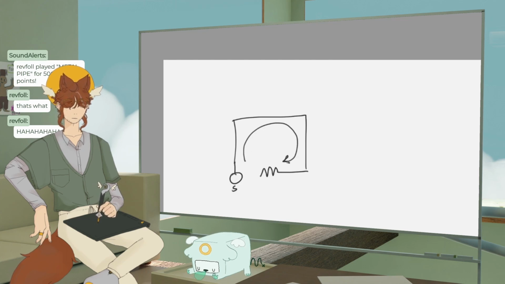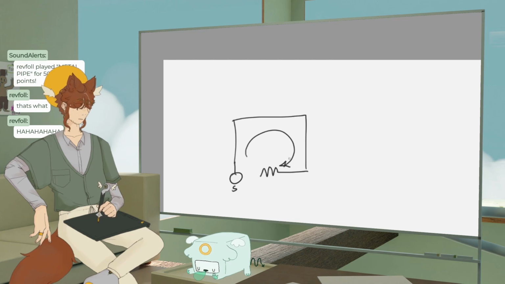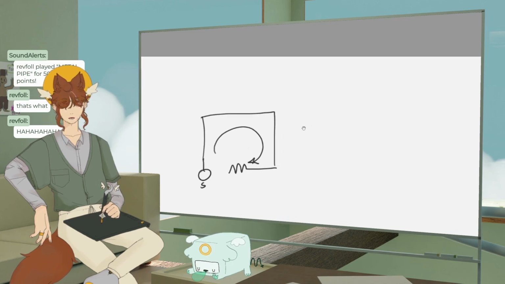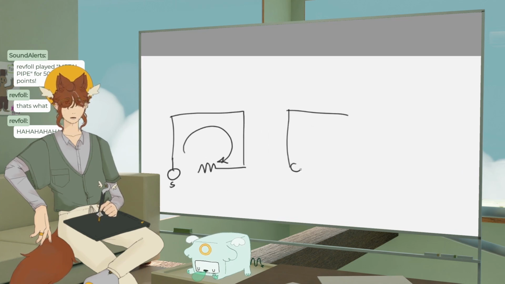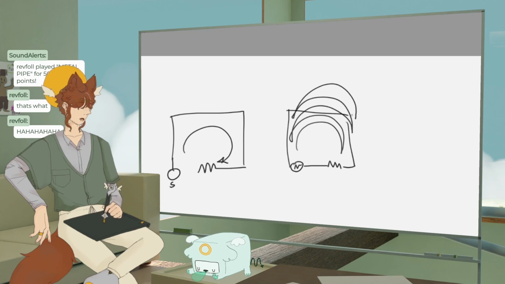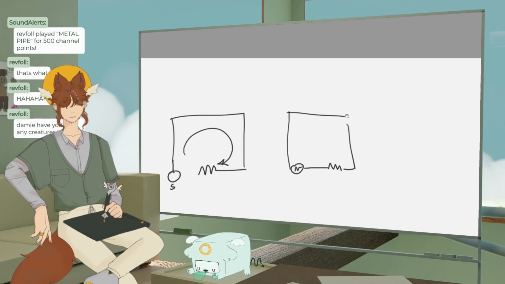The current's gonna run around like this, and that's DC current. And then for AC current, you have a source, and the current goes like this, but then it goes back and forth.